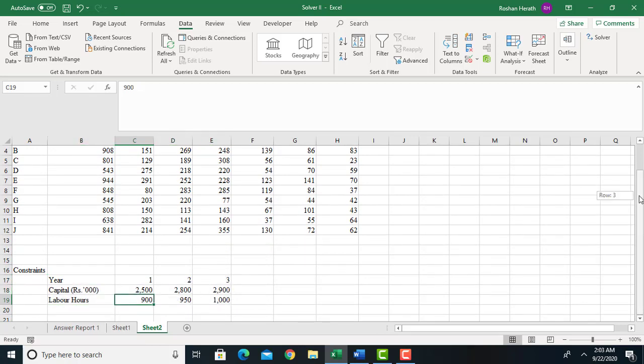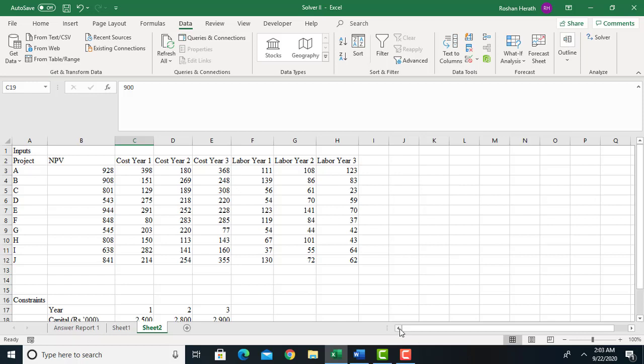Right. Now, when you are given an application of this solver of this nature, you need to identify what your output is. What is your main objective? Your main objective is the maximization of NPV.